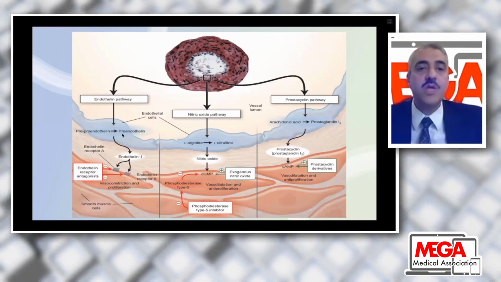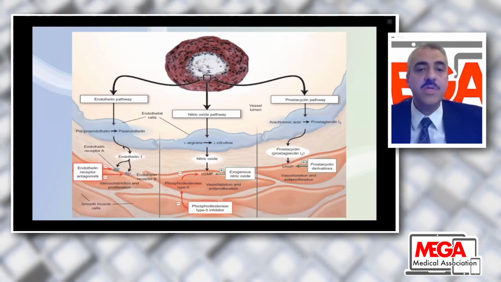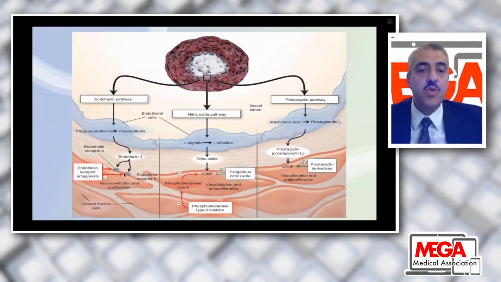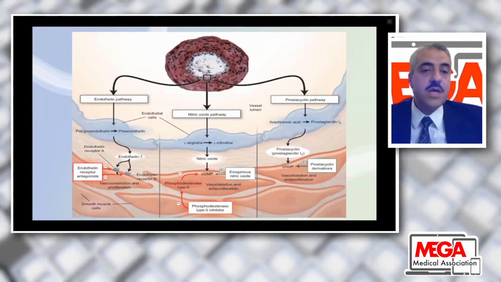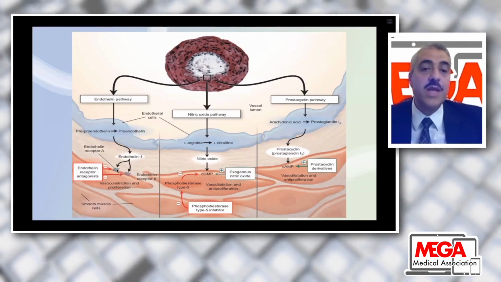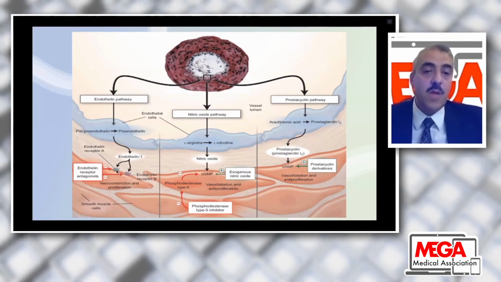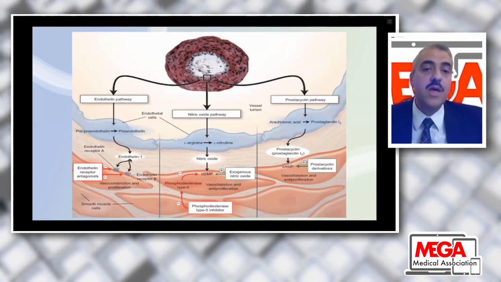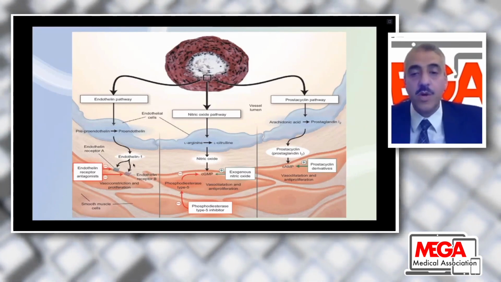Endothelin is produced in the endothelium and then passes inside the arteriole to produce the effect of vasoconstriction through endothelin A and B receptors. Blocking these receptors will block the effect of endothelin 1.